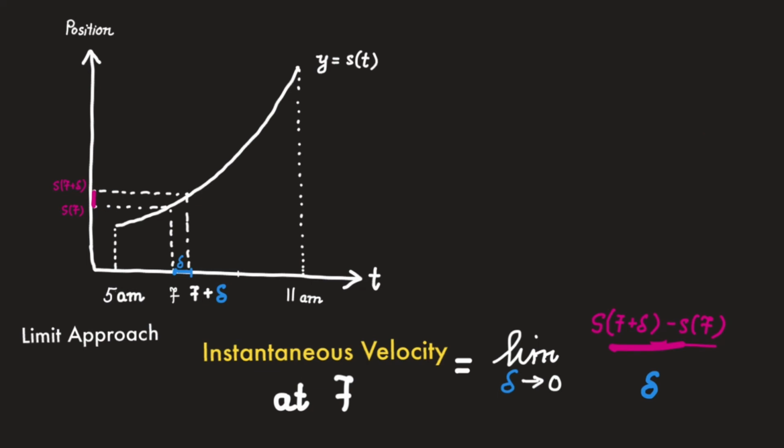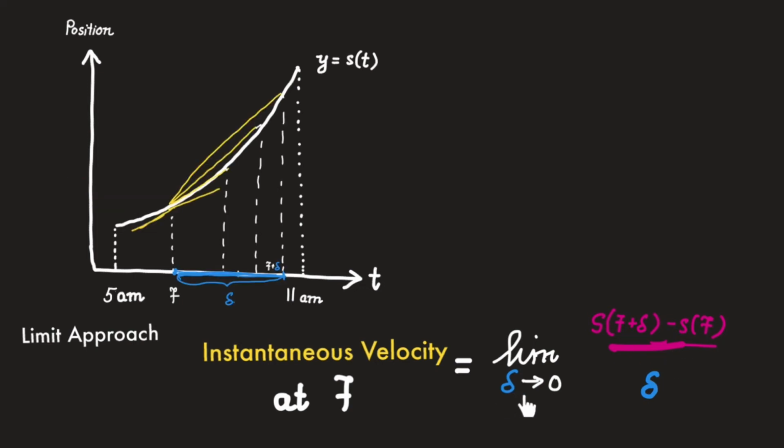To get your instantaneous velocity at 7 then, you would just take the limit of this average velocity as delta approaches 0, i.e. as the time duration becomes arbitrarily small.